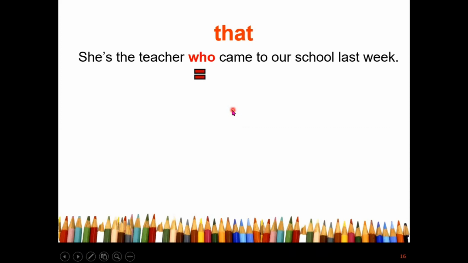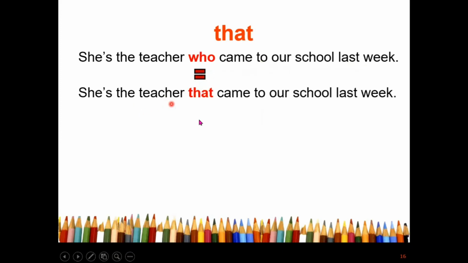Look at this note. As I told you, we can use that instead of who or instead of which. She is the teacher who came to our school last week. The sentence, of course, is correct. She is the teacher that came to our school last week. Also, this is correct.